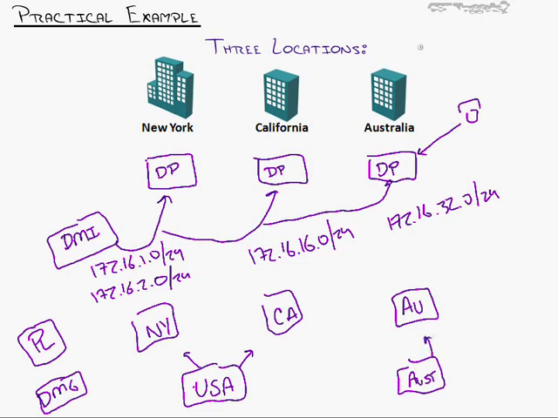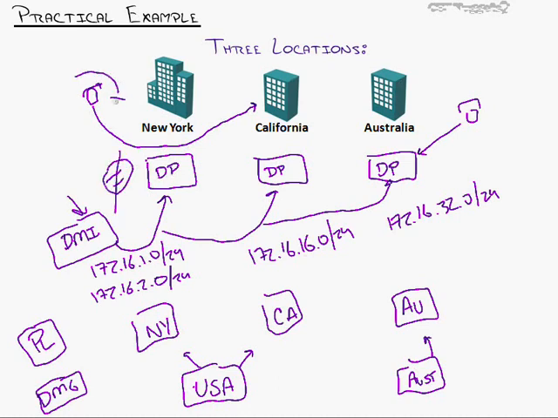So we have a phone that is sitting in New York. Somebody grabs it and jumps on a plane and travels to California. Once I have device mobility enabled, what it's going to do is look at the IP address of that phone. As soon as it realizes that it has a 172.16.16 address, it goes, oh, whoa, whoa, okay, your device mobility info does not equal your home device pool.